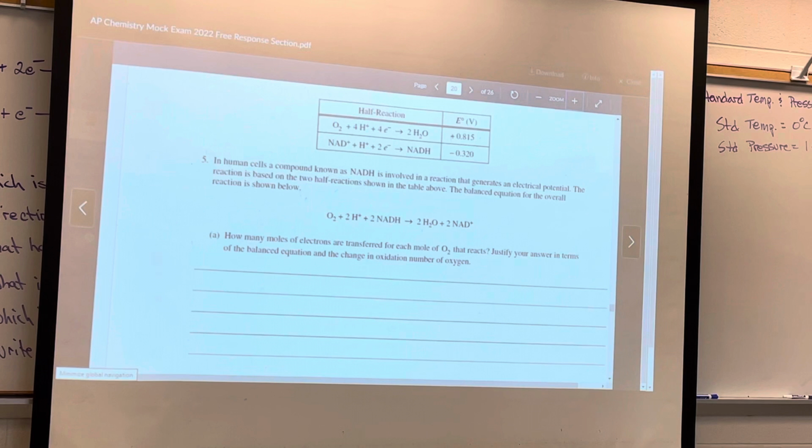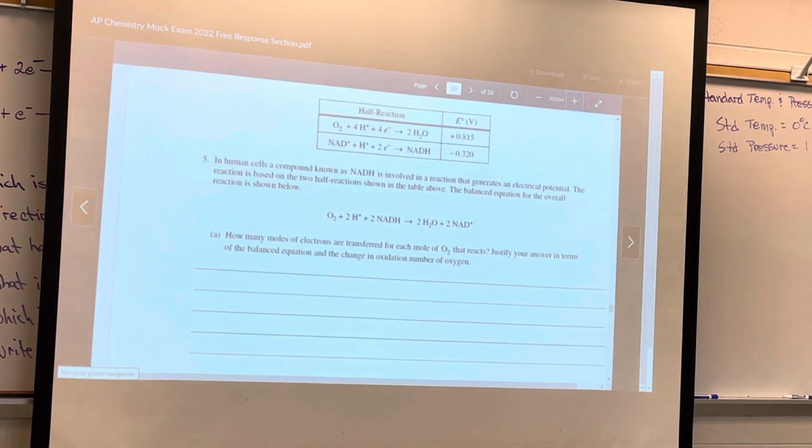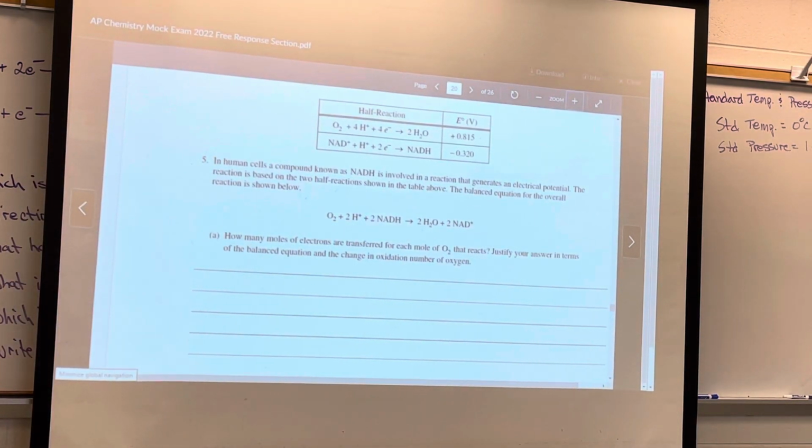I'm waiting for it. Okay, so we're all good on E red minus E ox, right? Yeah. And then the next one is calculate delta G. So what did E cell come out to? 1.3. Okay, now in terms of sig figs, it's 0.815 minus a negative 0.320.